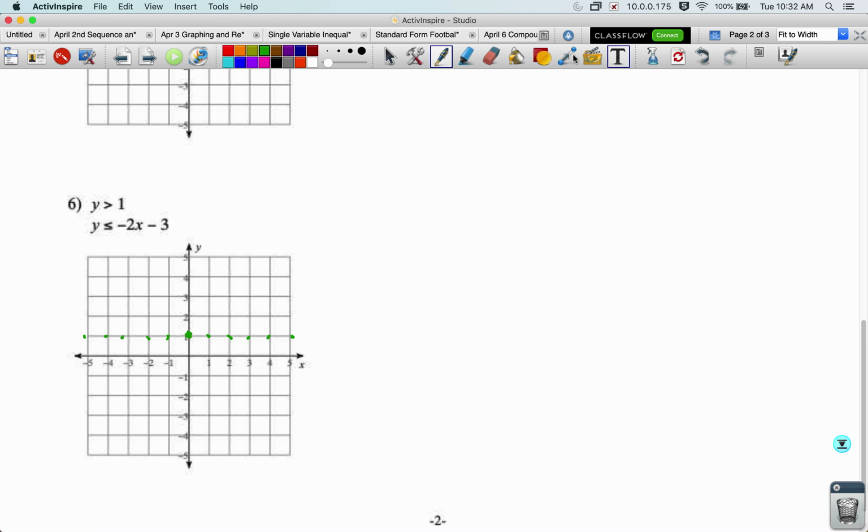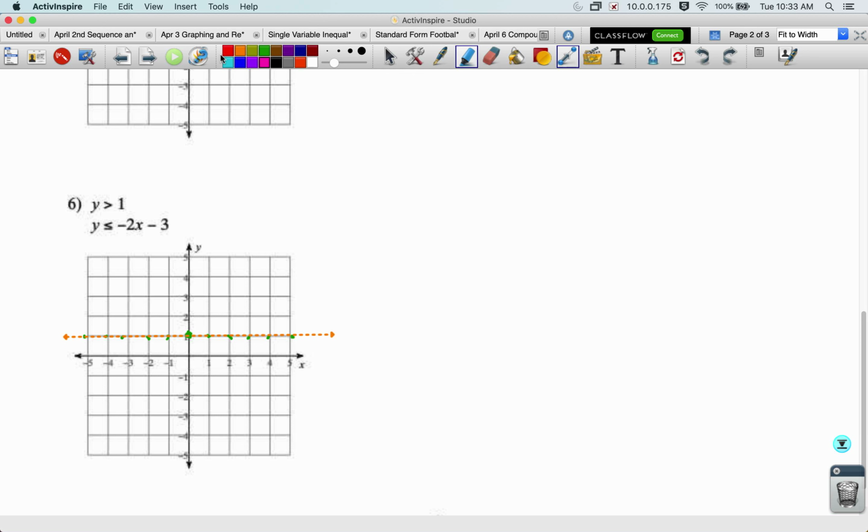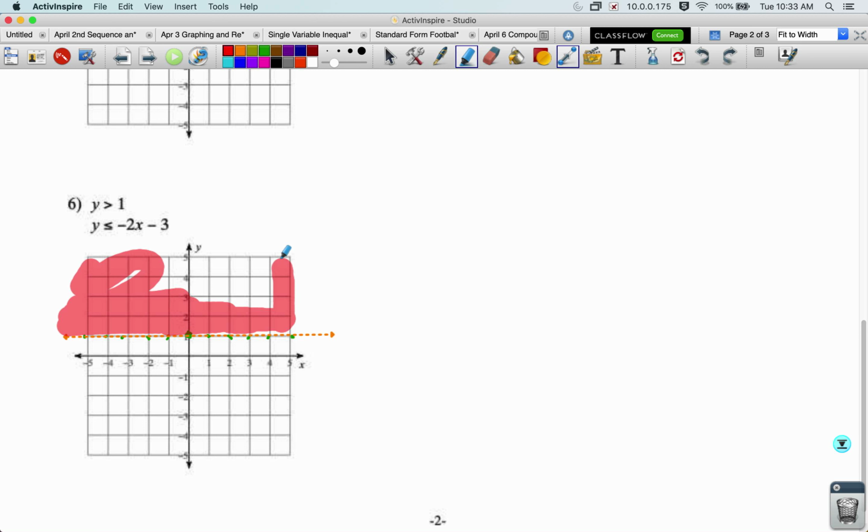All right, and that's going to get connected with a dotted line. So I pick out a dotted line. It's a greater than, so that gets shaded above. And that's that for that one.